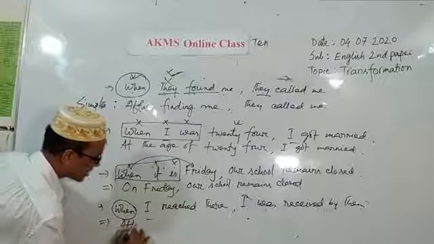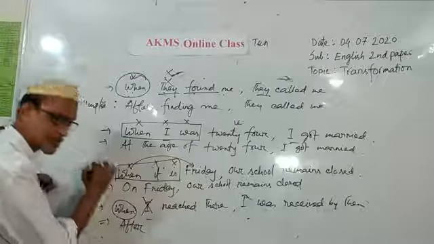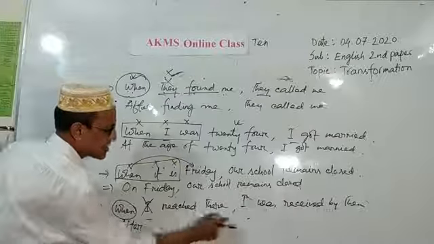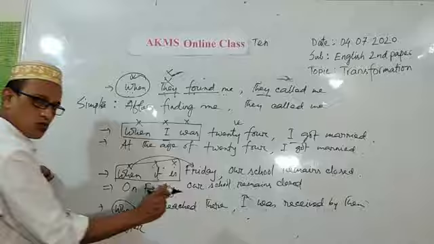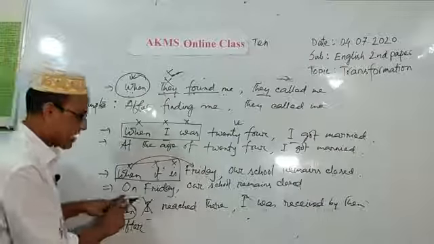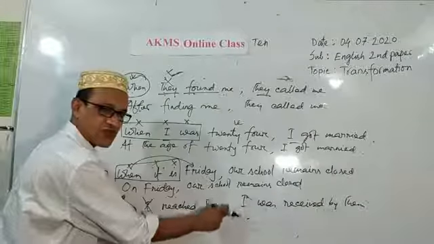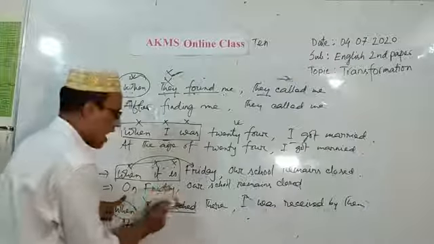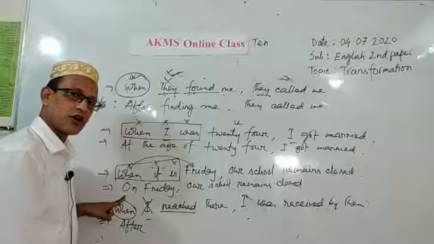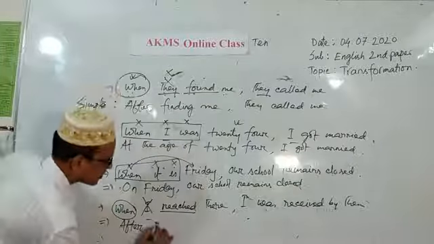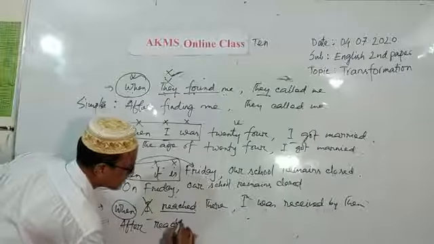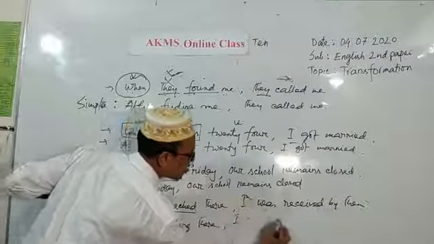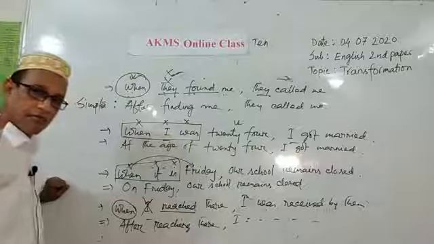I will erase the subject because the subjects are the same after, as there is no fixed time. "When" does not mention any fixed time, and it is the time of my reaching. So I will use the ing form of the finite verb. After reaching there, I was received by them.